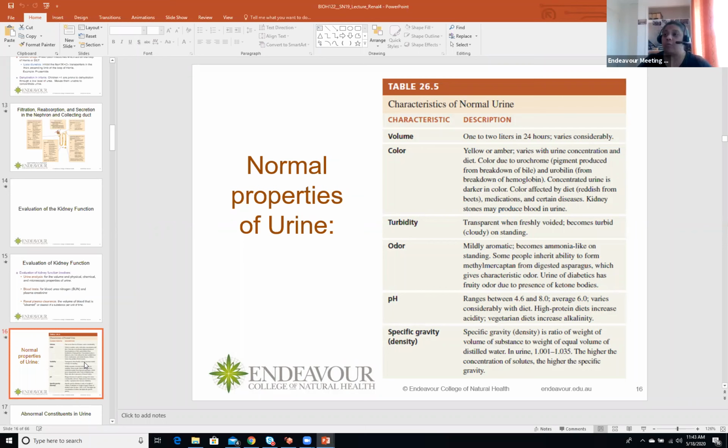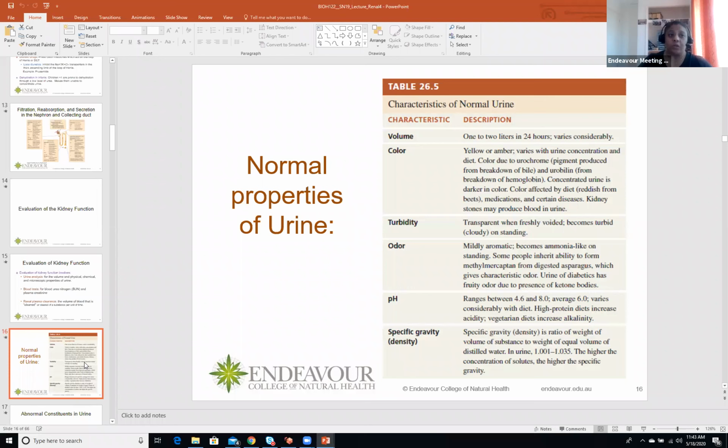So therefore, urine generally is transparent. If there is turbidity in urine, if it is cloudy or if it turns cloudy after standing in the container for a while, then it means that there are proteins present in the urine. Okay, so presence of any proteins will make it turbid or cloudy.